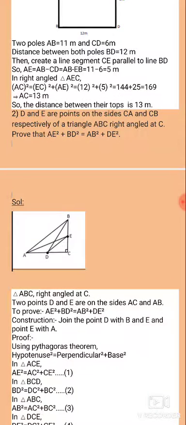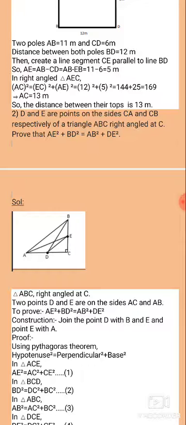Now listen carefully in this figure. Triangle ABC right angled at C. Two points D and E are on side AC and AB. We need to prove that AE square plus BD square is equal to AB square plus DE square. Now for the construction, join the point D with B and point E with A.